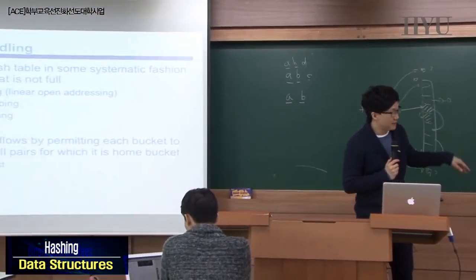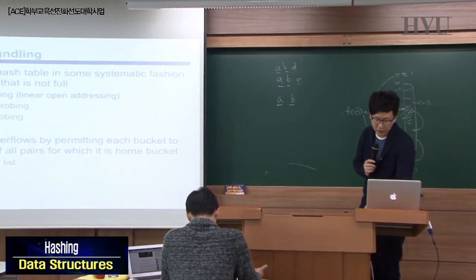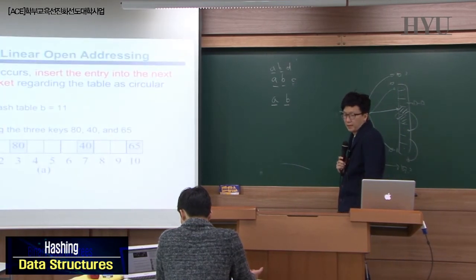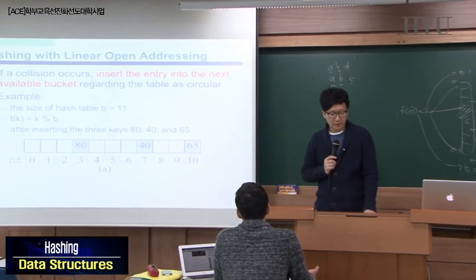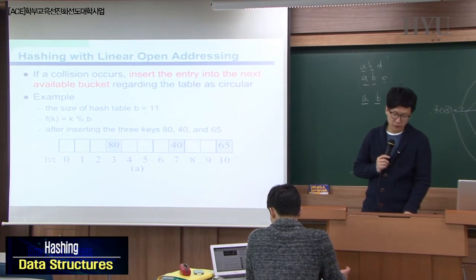Okay, that's the basic idea. You basically finished pretty much all the slides, but let's take a look at them one by one for examples. Linear open hashing. Hashing with linear open addressing.